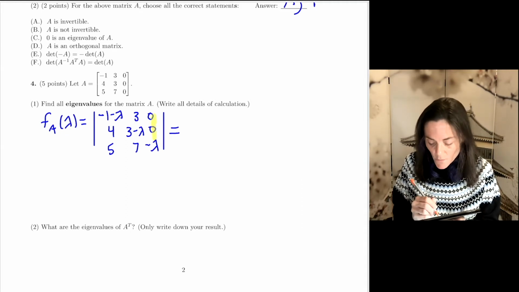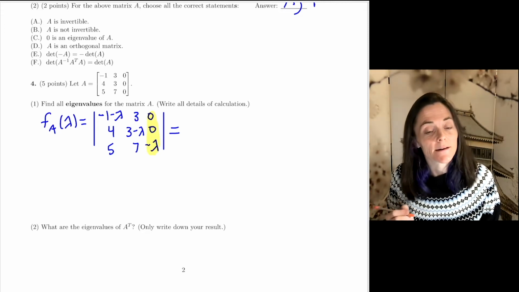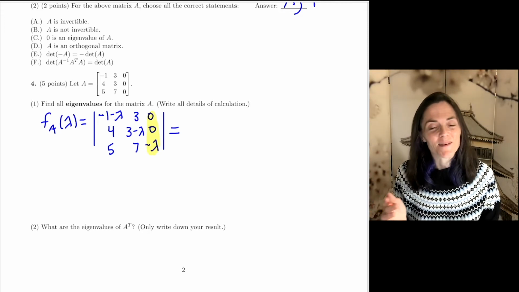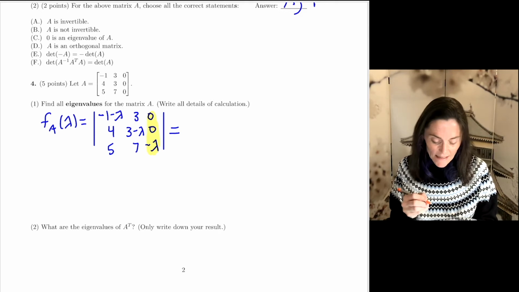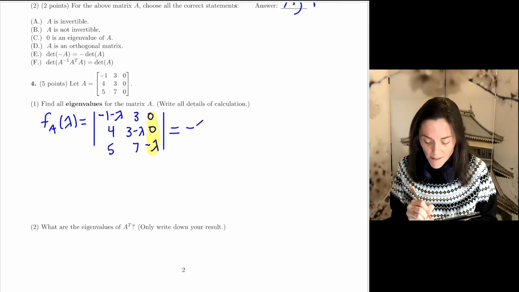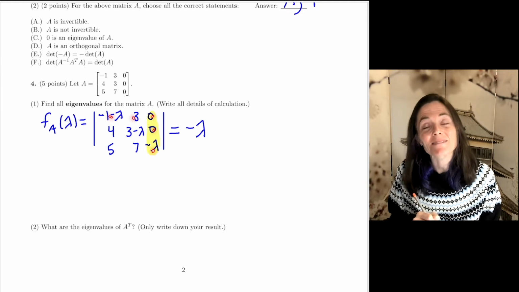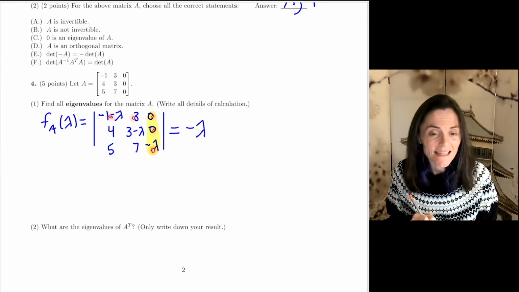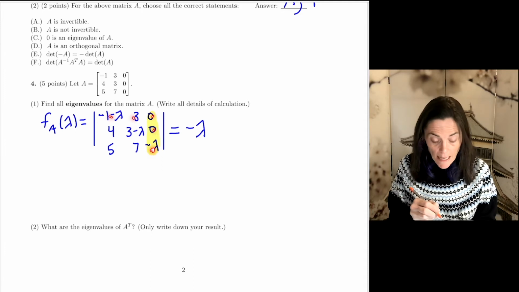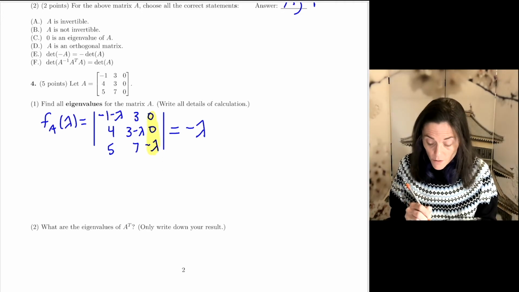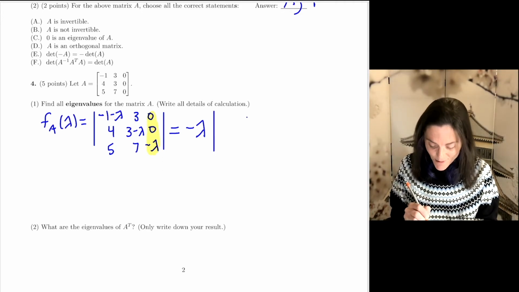Well, once again, we can use zeros to expand. Cleverly here, I'm going to expand about the third column. So you see, I get minus lambda, because plus minus plus minus plus, or -1 to the 3 plus 3 is the even power of -1. And then you cross off the third column and the third row.